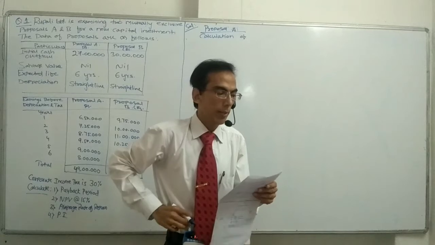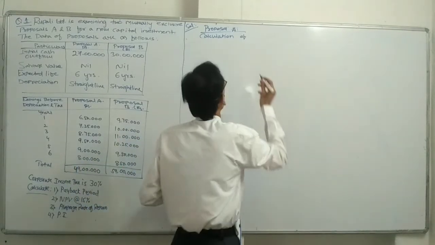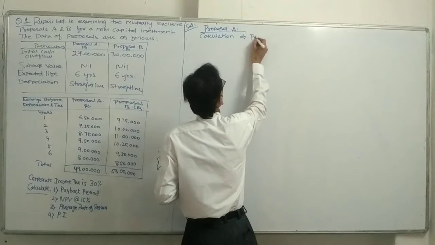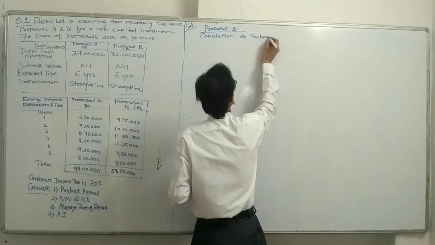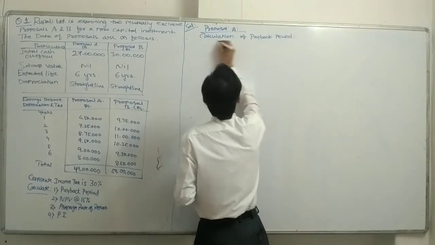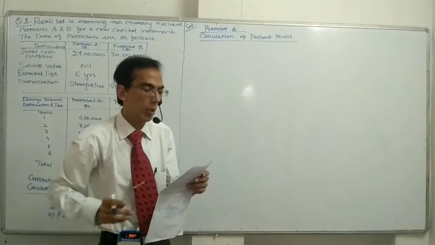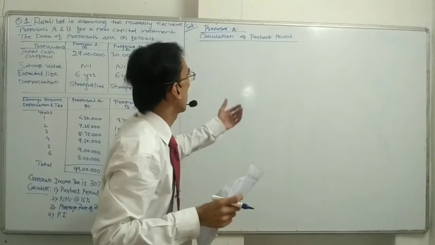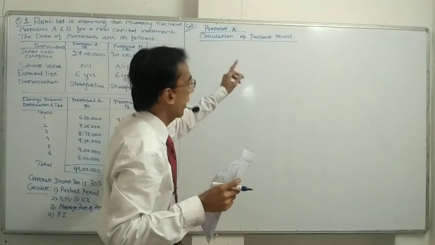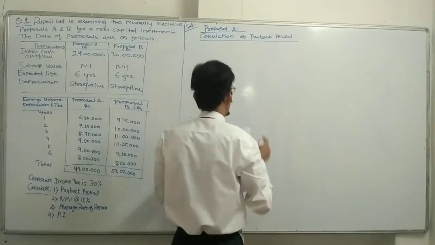Next, we will see calculation of payback period. As we have already calculated cash inflows, we will take those cash inflows here and calculate payback period. So we need to prepare a 3-column statement.